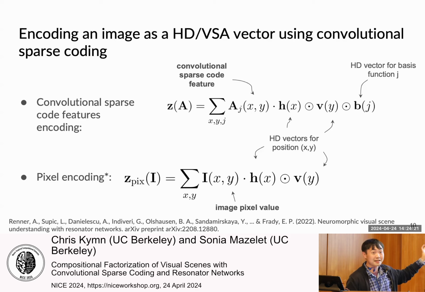This is a very simplified version of the pixel encoding that they're doing. We do this to compare one-to-one the benefits of the pixel code versus the convolutional sparse code. But there are a lot of really interesting experiments that they do with color and rotation and scaling and other things as well. So if you end up liking the ideas in this talk, you might enjoy reading through that paper on arXiv as well.